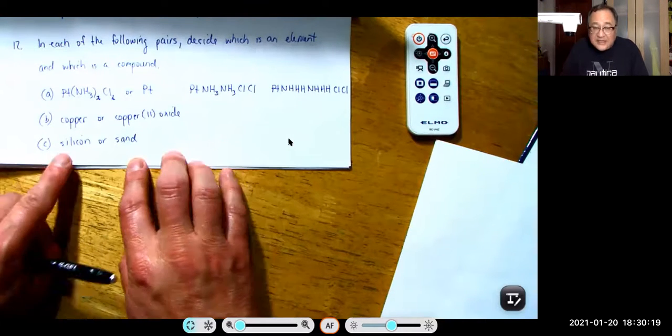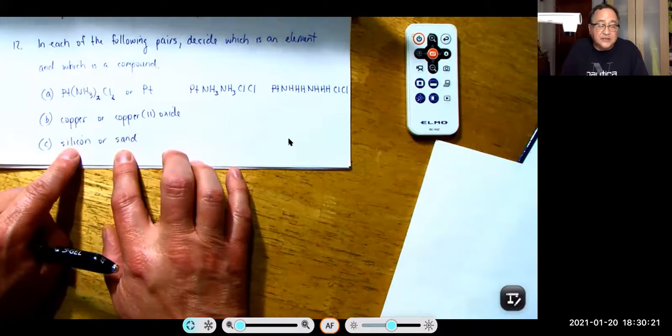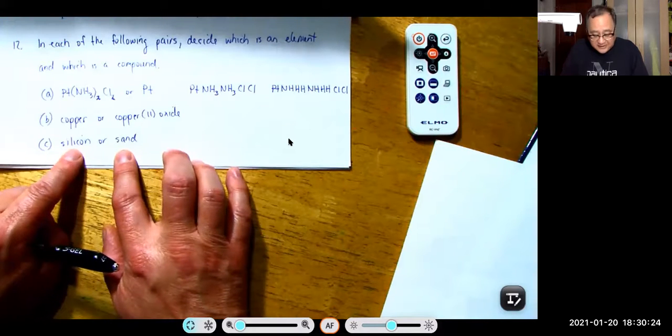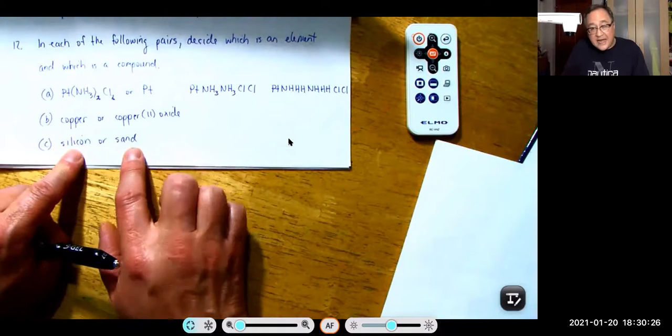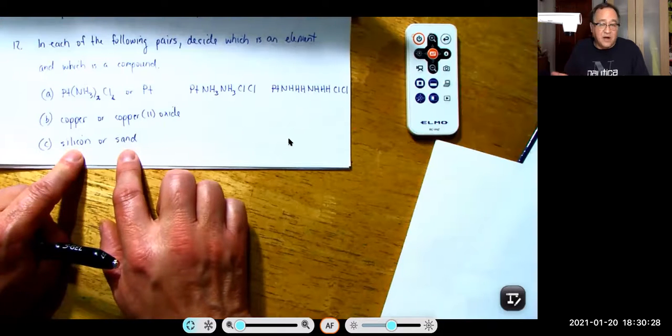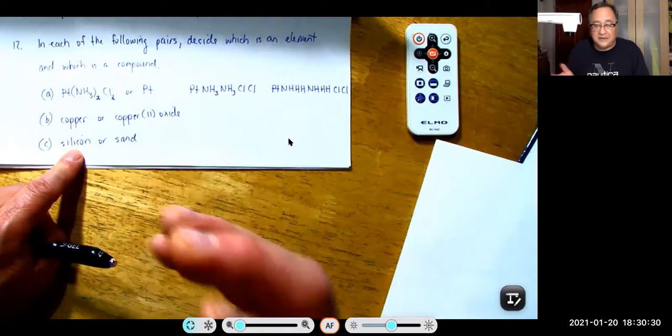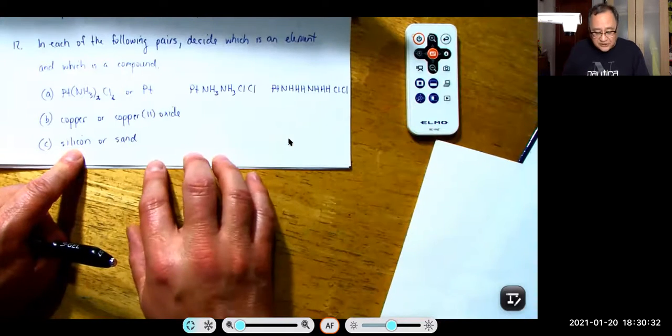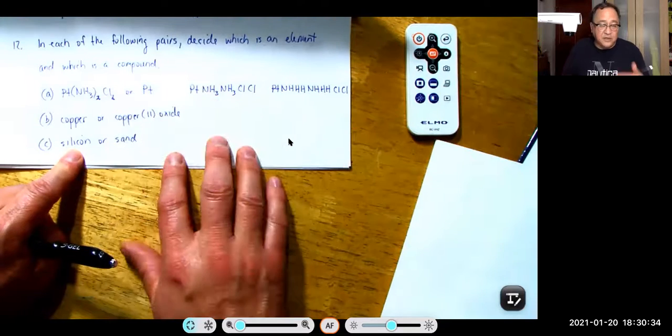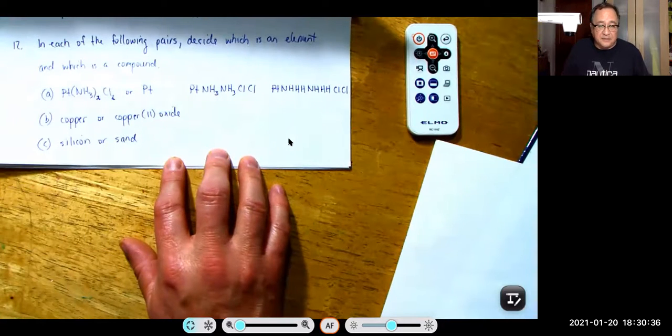Silicon does appear on the periodic table, so this is the element. Turns out that sand is actually a compound, but we have a common name for it, sand. Any questions about how you would decide between a compound and an element? Element, one type of symbol; compound, two or more.